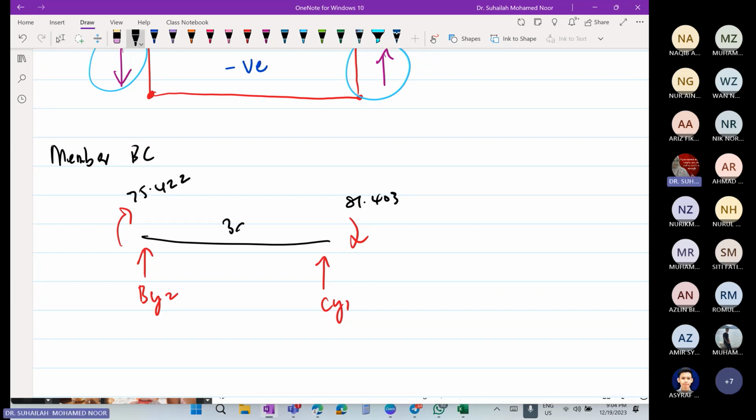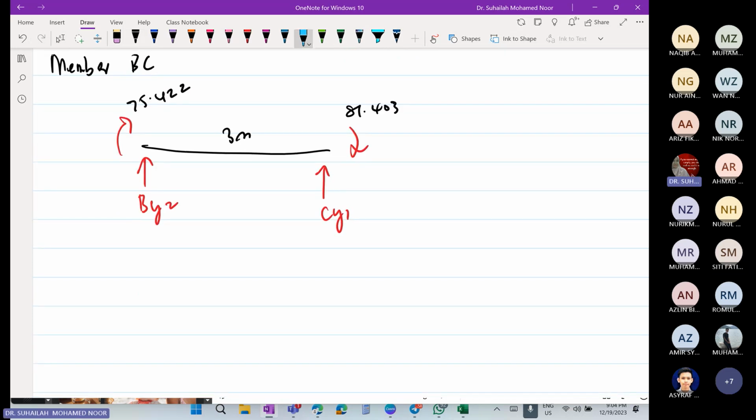The distance is 3 meter. There is no point load and no UDL for member BC. We have to calculate this and this using the equilibrium equation. And actually, you don't have to show it. I just want to know the value.